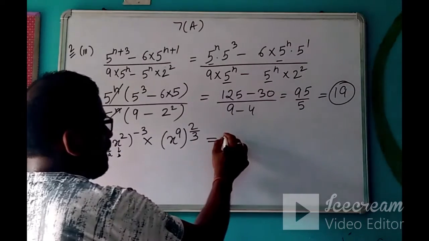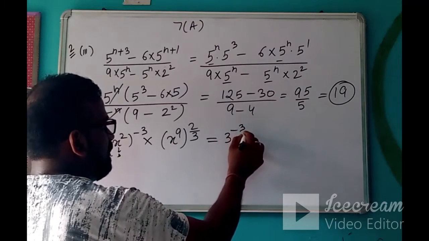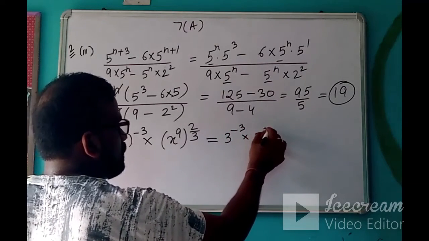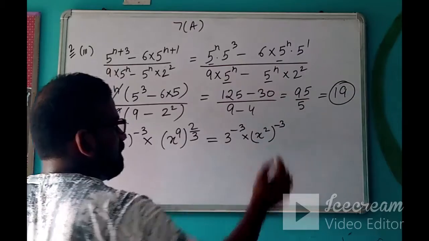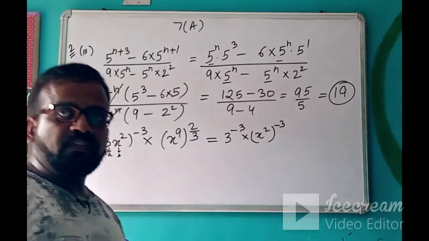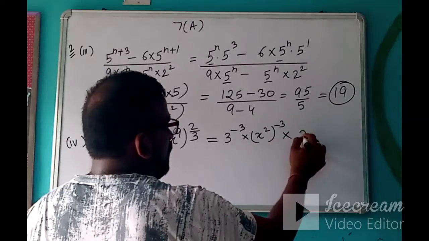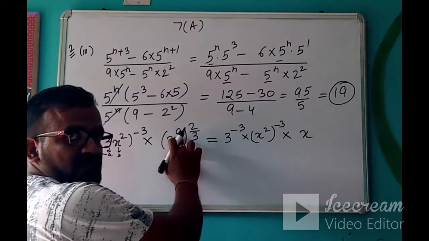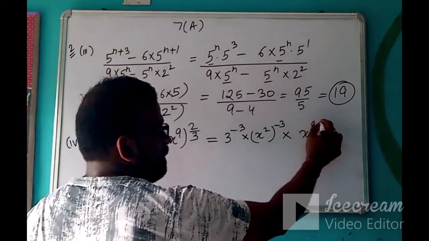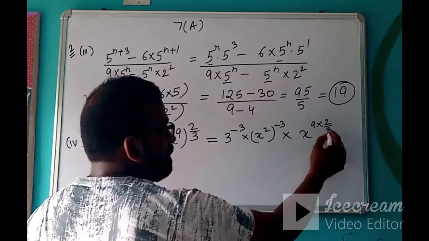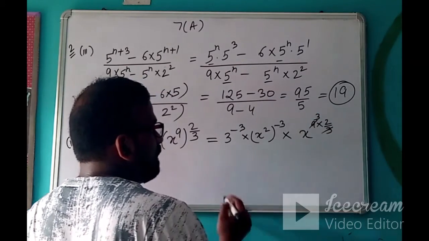We can separate it like this: 3 to the power minus 3 into x square to the power minus 3, when the bases are different and the exponent is the same. Into, we will multiply the powers, so 9 into 2 by 3, it becomes 3 into 3, 9.